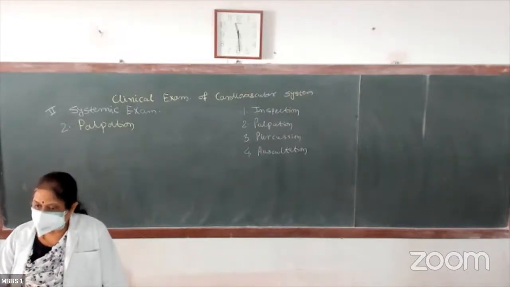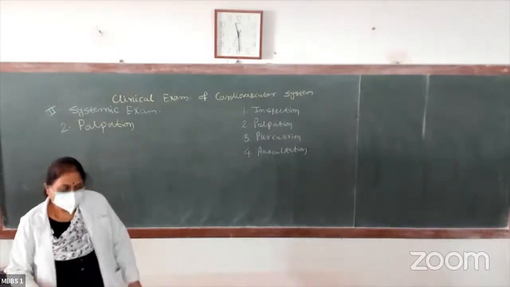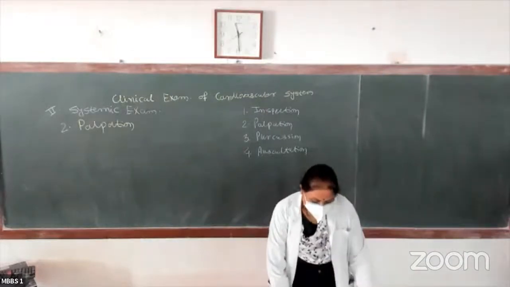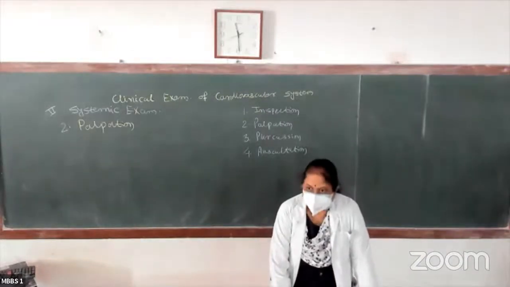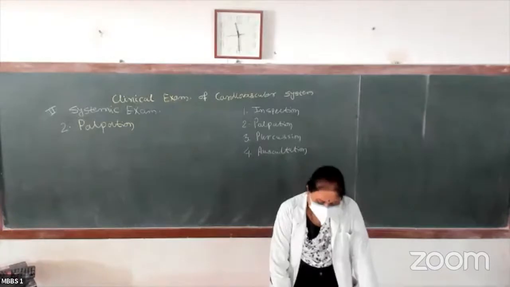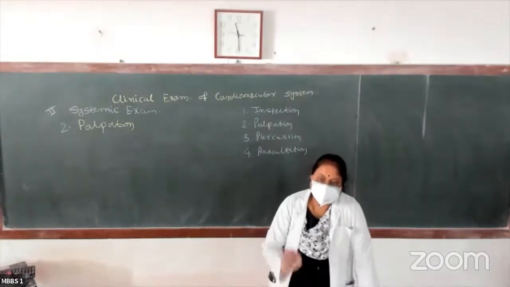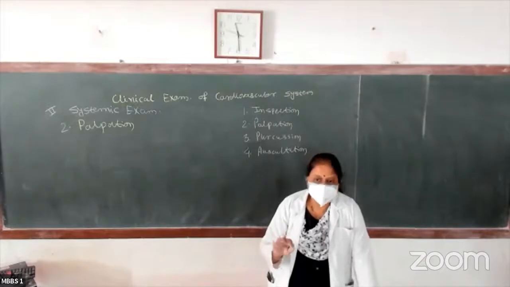In feeble conditions, the force will be decreased. So count it for 1 minute, then record the force and the rhythm for the apex beat. Rate, rhythm and force.